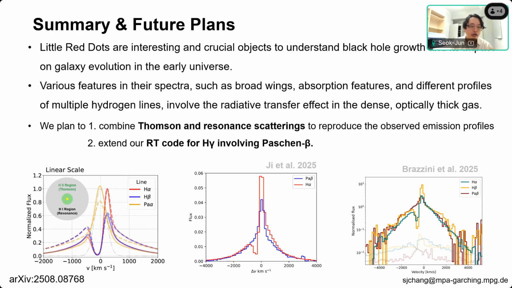He tried to test whether direct collapse of a black hole can explain LRDs. Because if black hole direct collapse happens, a lot of gas falls into the black hole, and maybe that makes some dense envelope. Even if a broad line region is not formed, there is a dense envelope.